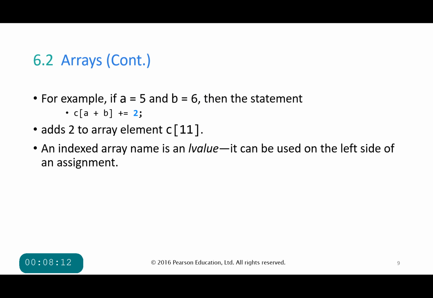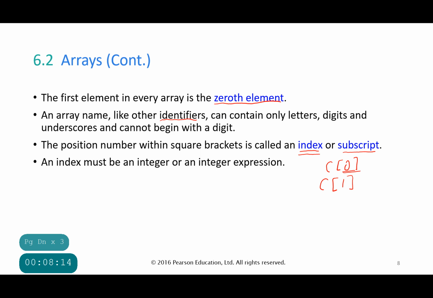Okay. Now, another thing that you want to remember is that an index must be an integer, because memory locations cannot be decimal points. You can have memory location 1, memory location 2, memory location 3, but you cannot have a memory location like 3.5 or 3.75.